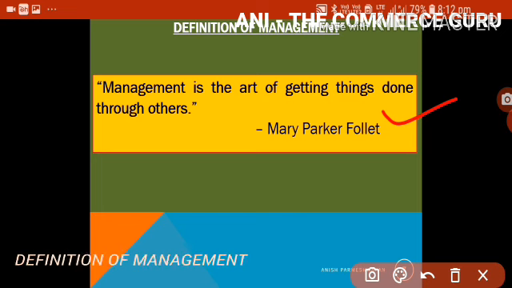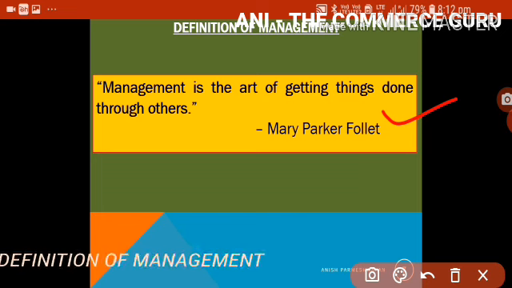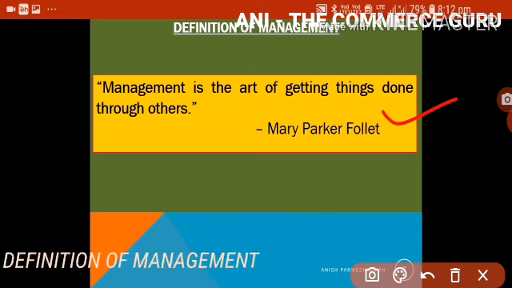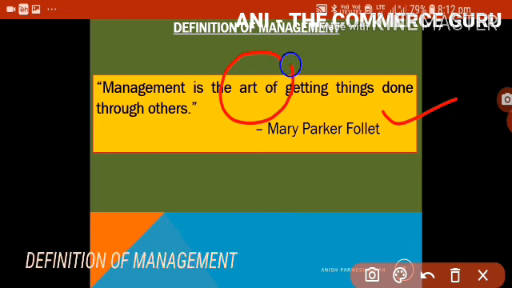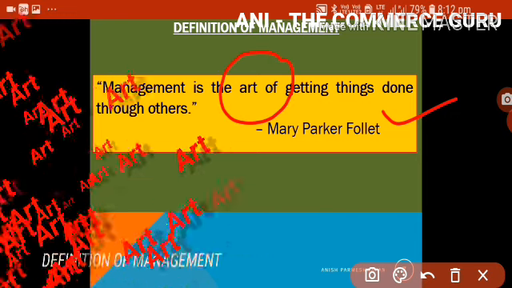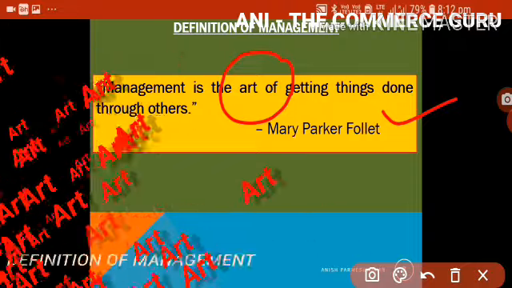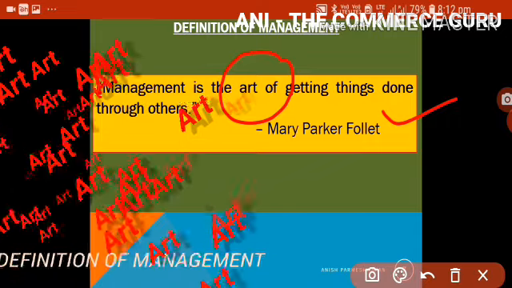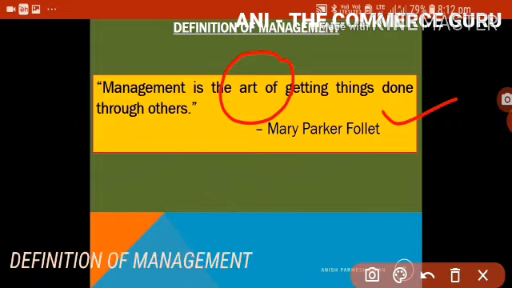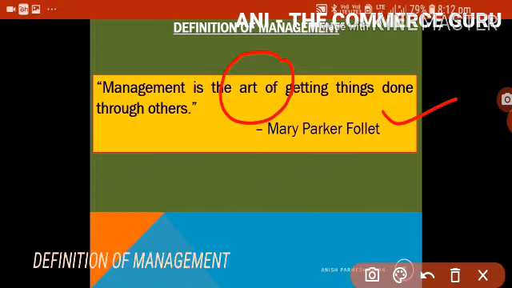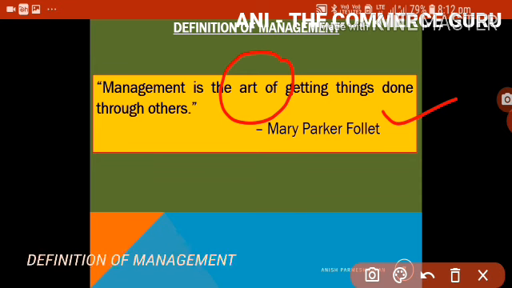Dear students, I'm very sure that you are very much familiar with the term art. You may have an art teacher in your school. You have heard of drawing, painting, singing, dancing. All these are different forms of art.